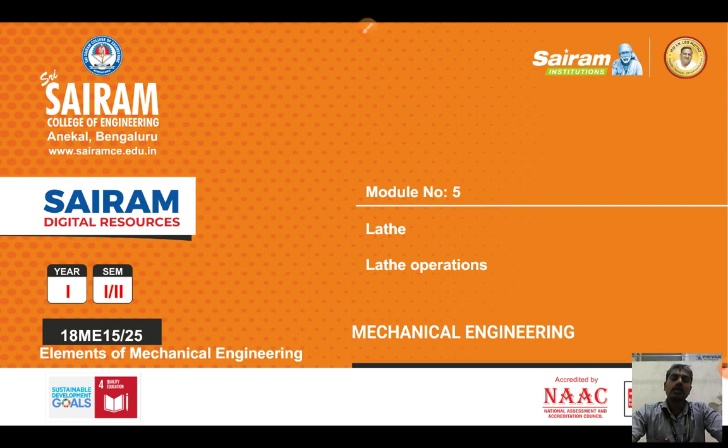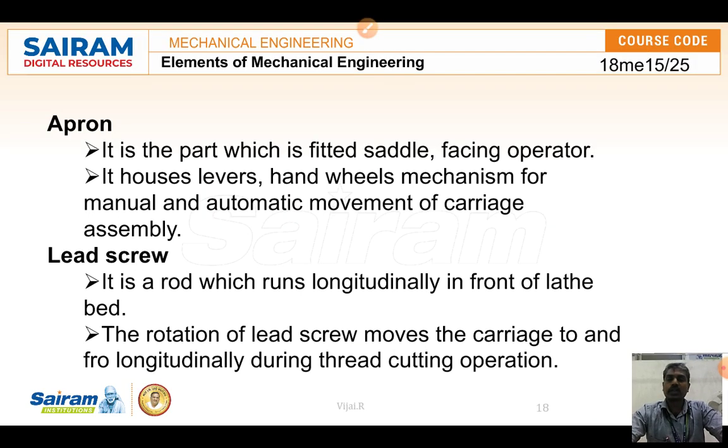In the first video, we saw what a lathe is, the lathe working principle, and the parts of the lathe. In the next video, we are going to see what the lathe operations include, right?